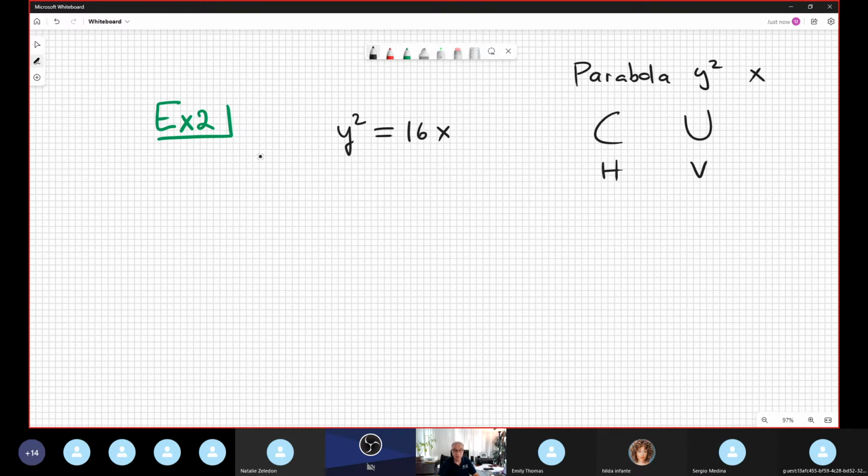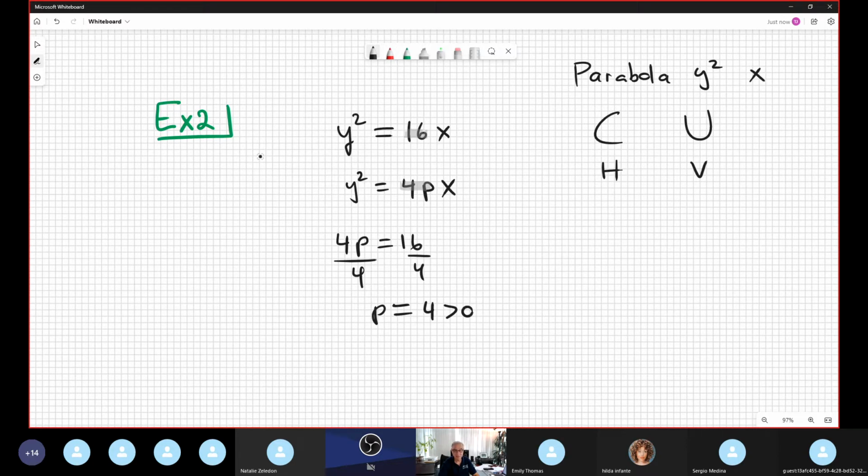In order to find what direction it opens, right or left, I know the formula. And I know that 4p is 16 in this specific case. So p is 4. And 4 is a positive number. Therefore, it opens to the right.